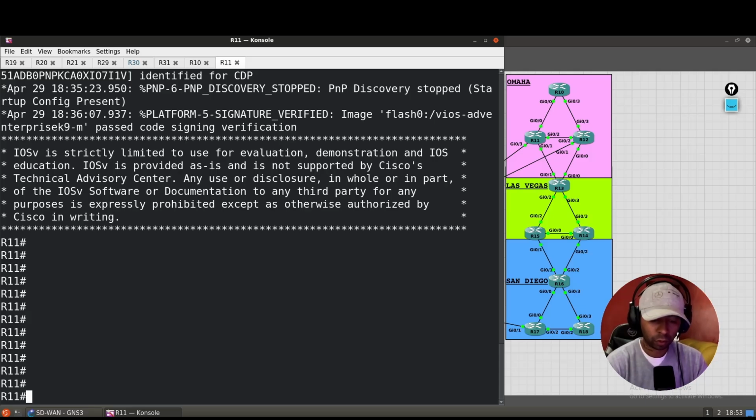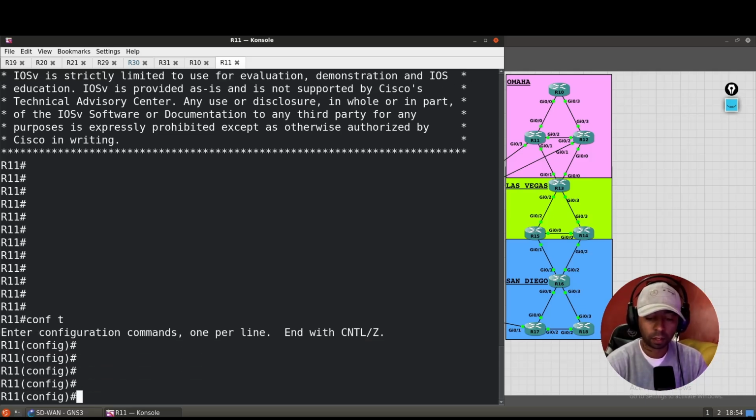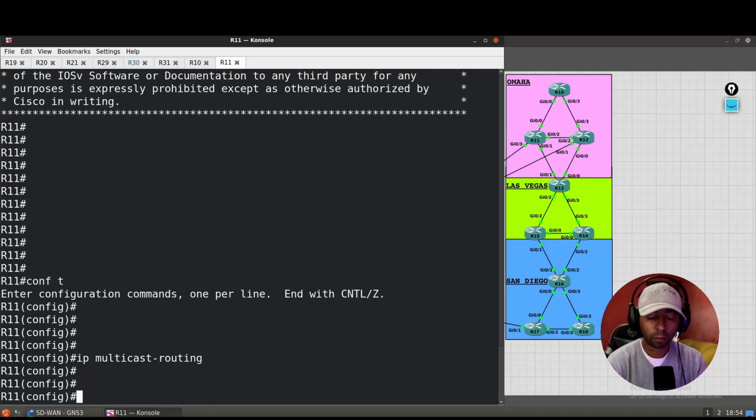Alright, so let's start this. Config terminal, IP multicast-routing. Really good. So the next thing that we must work on will be interface loopback 0.